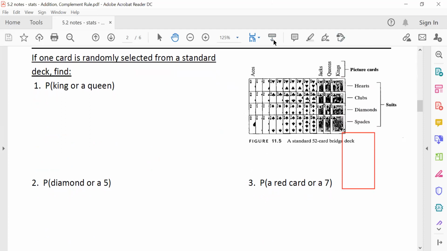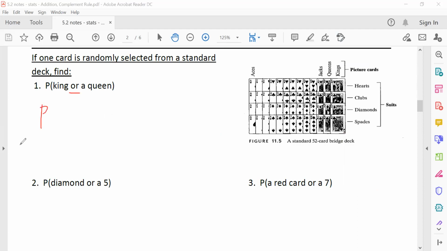We can do some card examples. If one card is randomly selected from a well-shuffled standard deck, find the probability of getting a king or a queen. Well, we have the word or.